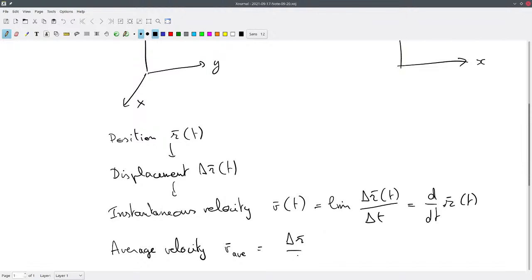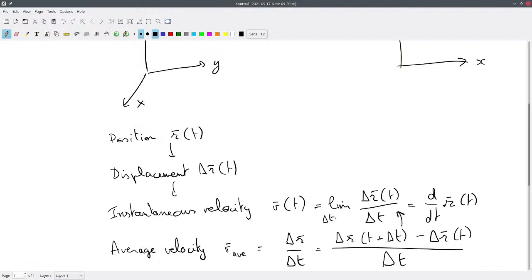And of course delta r will be delta r at time t plus delta t minus delta r at time t, over delta t. So then that allows you to take that limit here, and I should specify the limit is, of course, for delta t going to 0.